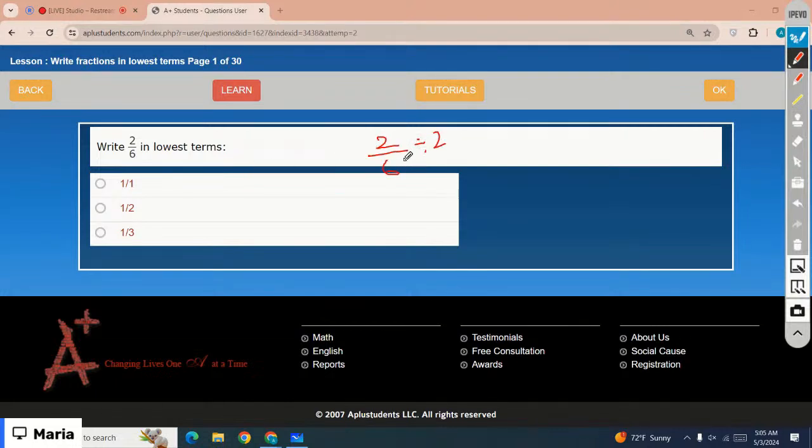Yes, that is 2. So simply divide both numerator and denominator by 2. So that is 1 over 3. Very good.